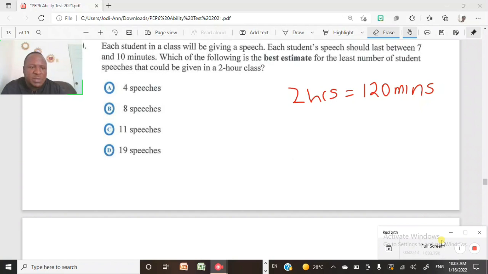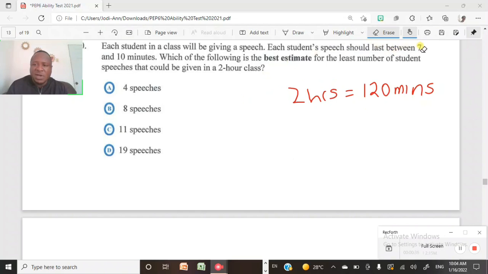Now, the least amount of minutes per speech is 7 and the most is 10. Now we're going to check to see how many 7-minute speeches we could get out of 120. All right, so out of 120 minutes, 7 into 120 goes 17.14 something. You can check that on your own.